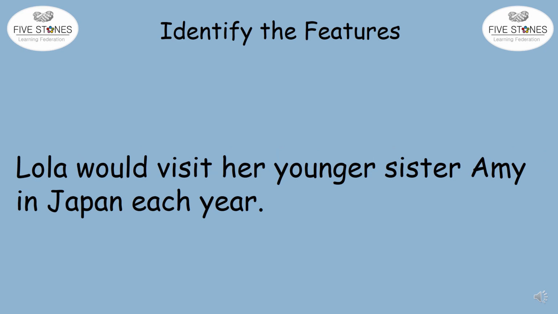Now it's your turn. Look at this sentence. Lola would visit her younger sister Amy in Japan each year. Can you find all of the capital letters, the finger spaces, and the full stops? Here we have three capital letters.